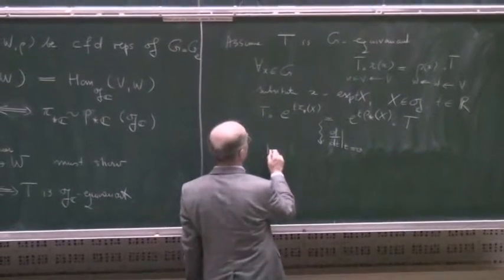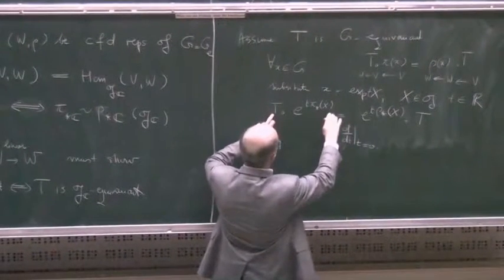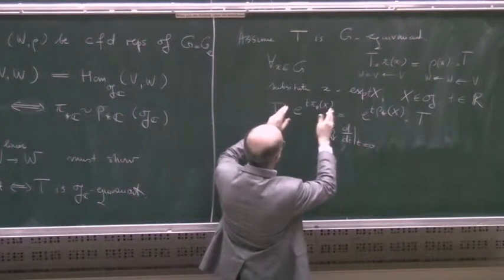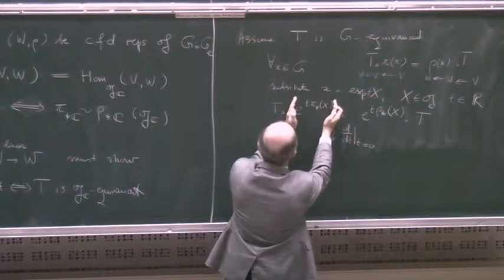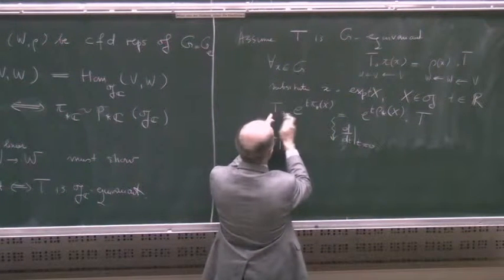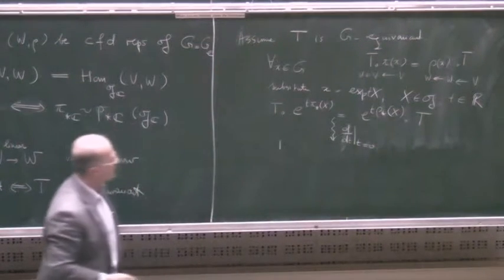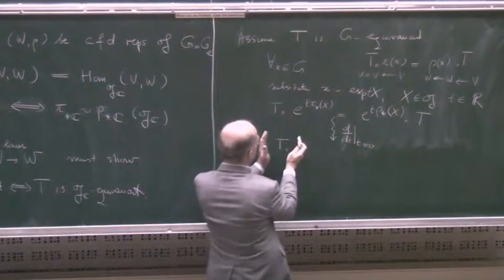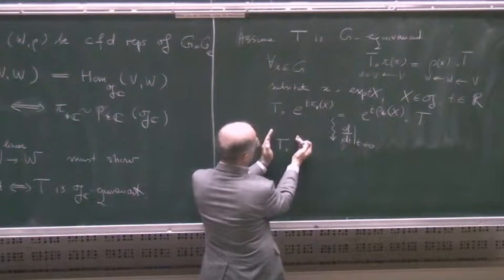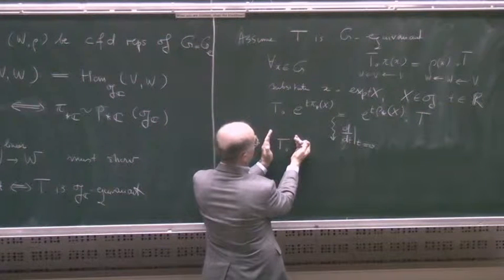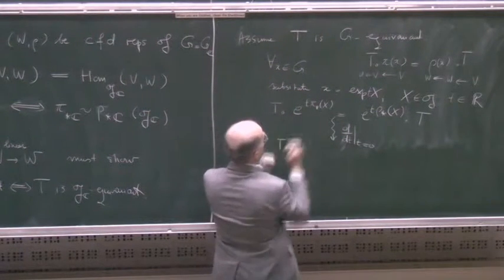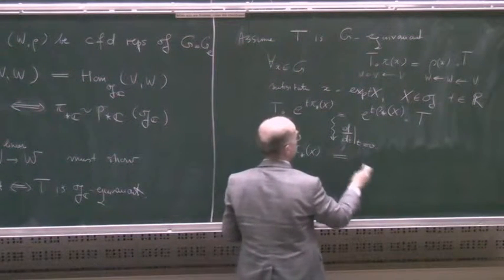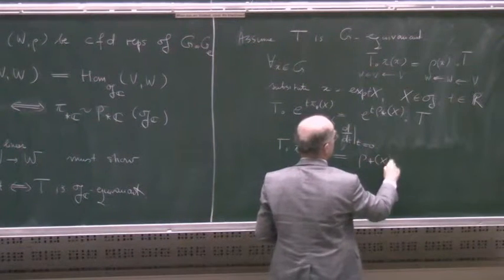This is because this expression is linear in this endomorphism, because composition on the left with T is a linear map, and therefore, by using that the differential of this composition is just this linear composition, we can take the derivative here, and this gives us pi star of X equals rho star of X composed with T.